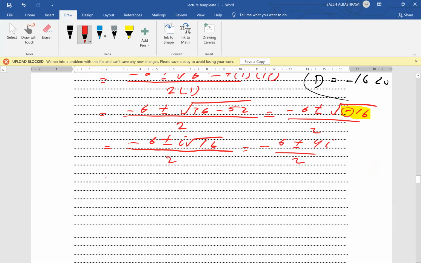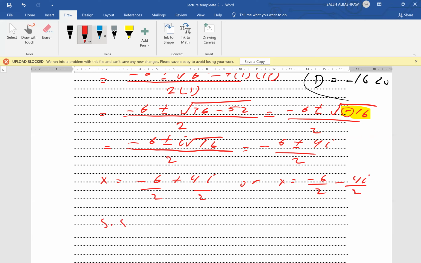So either x is equal to minus 6 plus 4i divided by 2, or x equal to minus 6 minus 4i divided by 2.